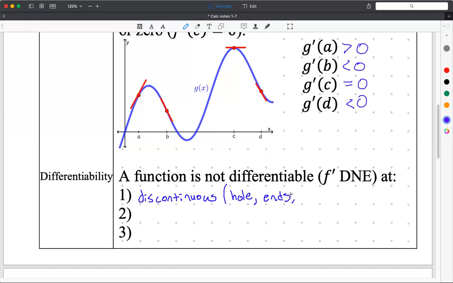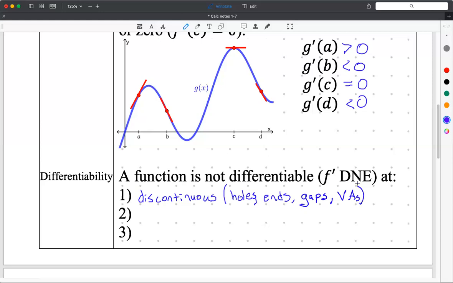Is it the gap? Gap, good. Ooh, I can't spell. Gaps. And Andrea? Is it vertical asymptote? Vertical asymptotes, there they are. Holes, ends, gaps, vertical asymptotes, those are the things that will make you discontinuous.